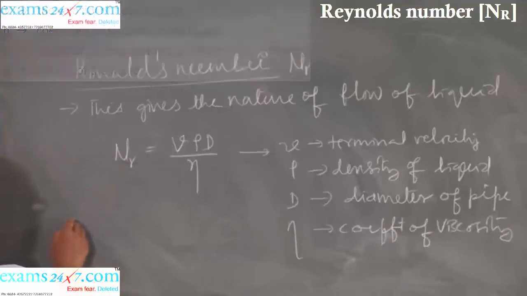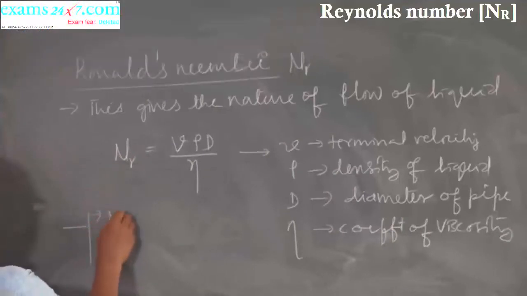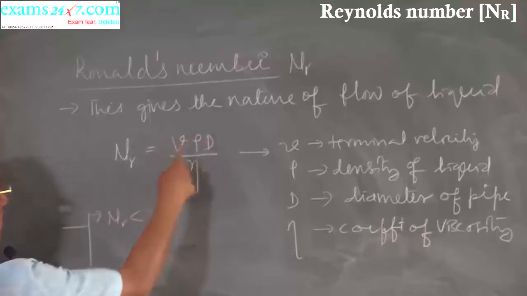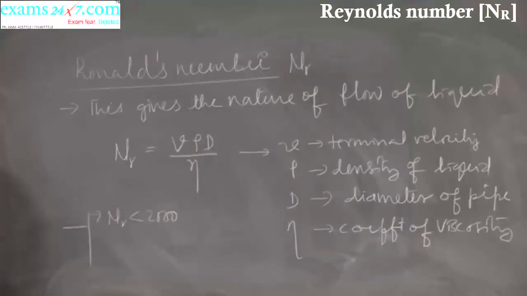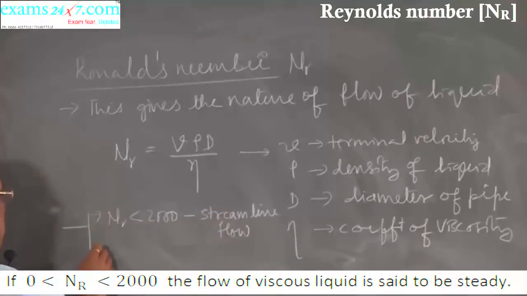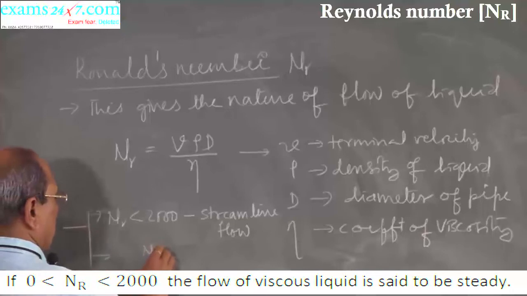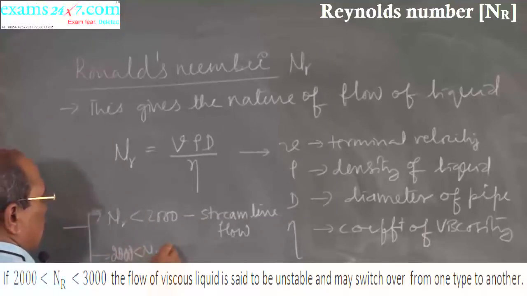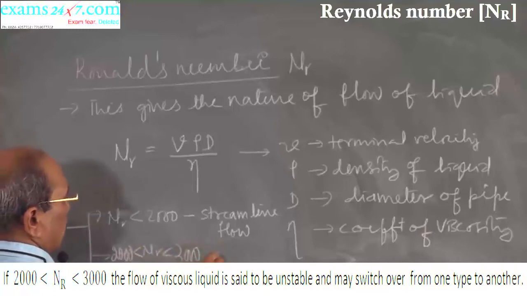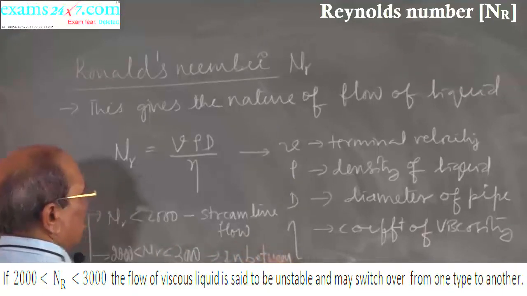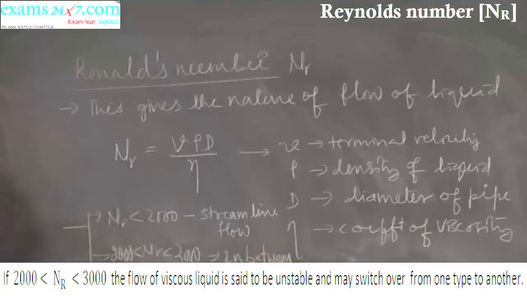If this number, when we calculate it by substituting the values for a given liquid, is less than 2000, then we say it is streamline. If this number is between 2000 and 3000, we cannot say whether it is streamline or turbulent; it is the switching over or transformation level.